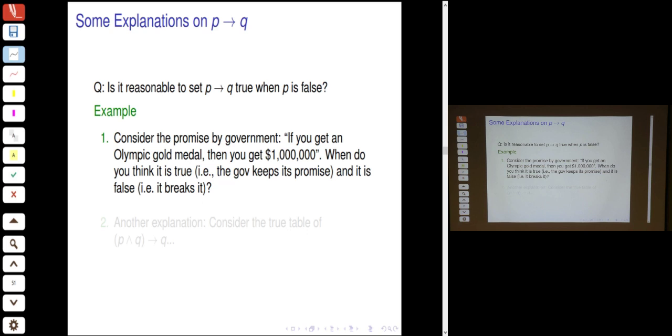So if P is false, we would think the government is still an honest government. It keeps its promise, right? Only in the case that you really win the Olympic medal, and the government doesn't give you the $1 million, then only in that case is this false. The government breaks its promise. Right? So this is an example to support the setup.